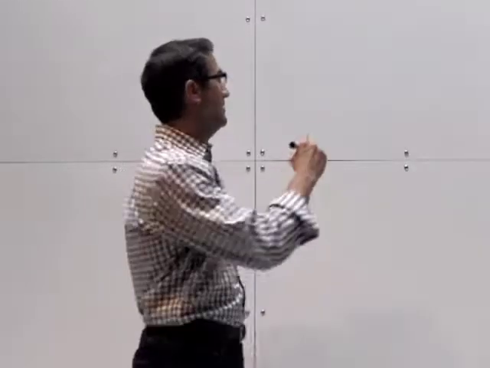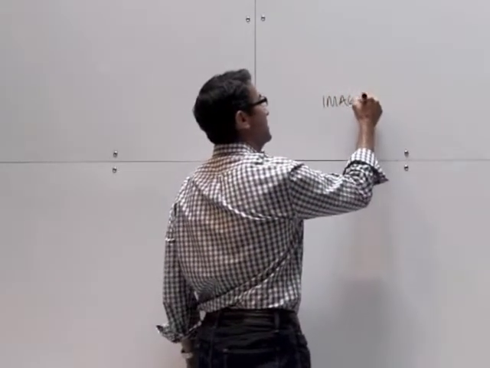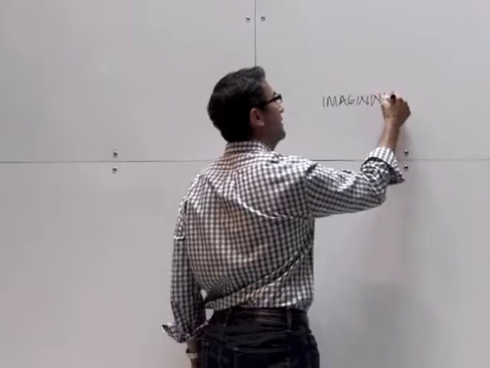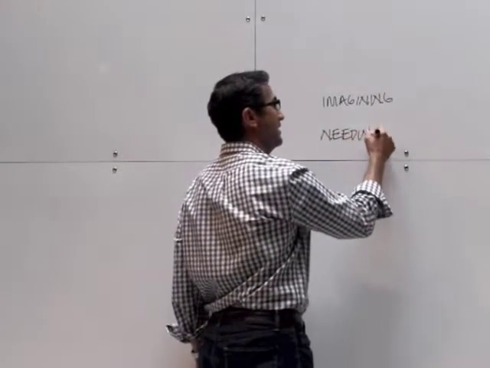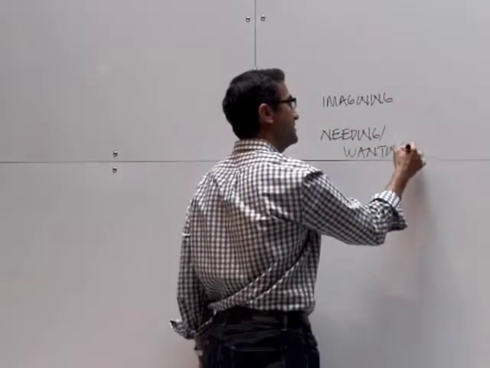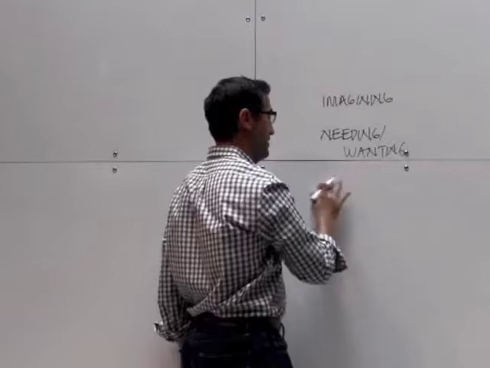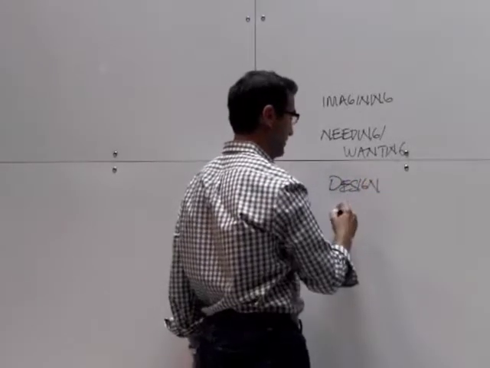And maybe I want to use something that might help us understand context in a historical sense around imagining, needing and wanting. And from this, I will move on to design and build.